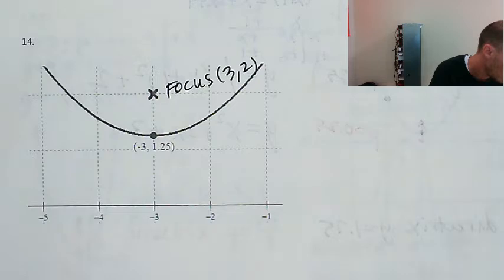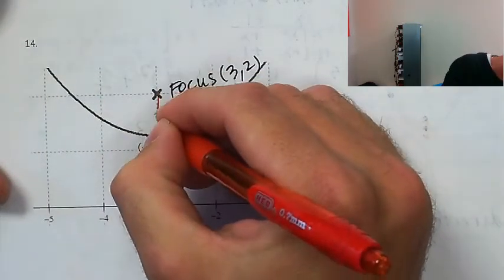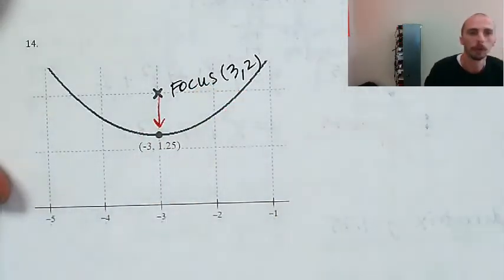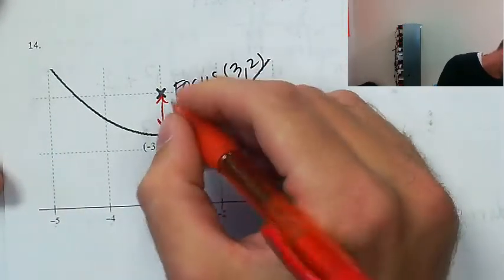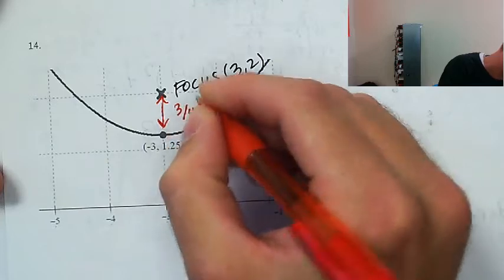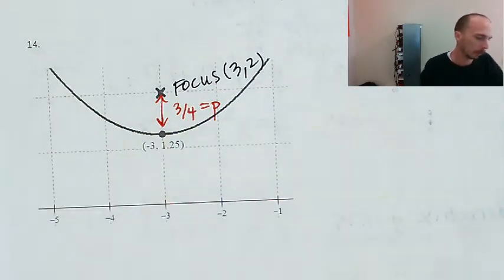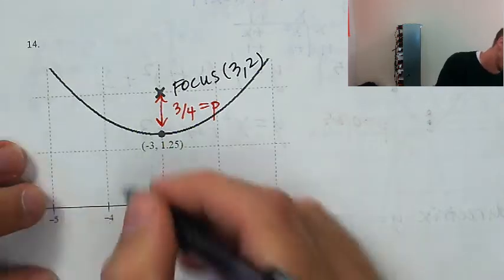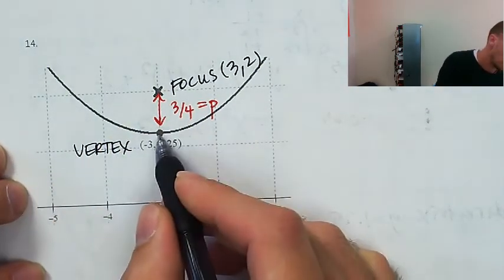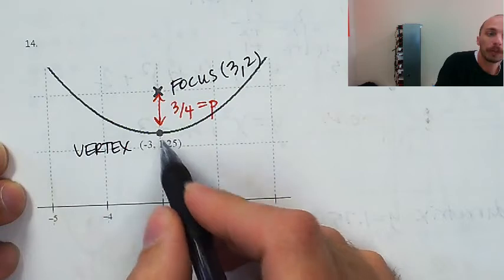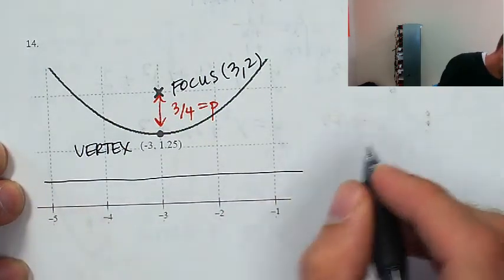The vertex is already labeled for us, so I'll figure out the distance from the vertex to the focus. 1.25 to 2 is 3/4, equaling p. If I went up by 3/4, I would need to go down by 3/4 to get the directrix.